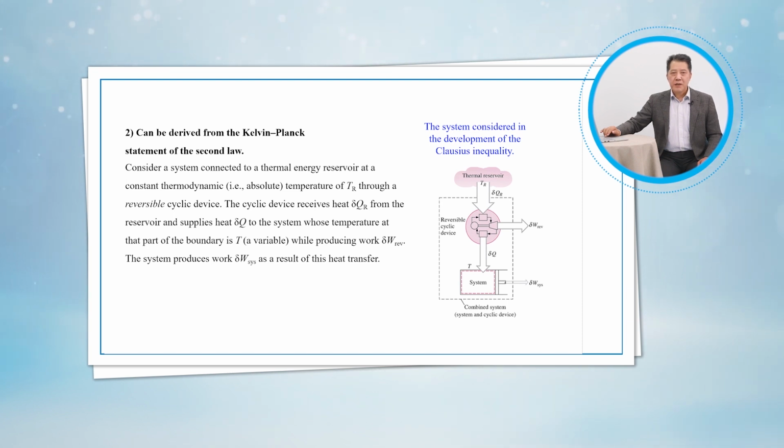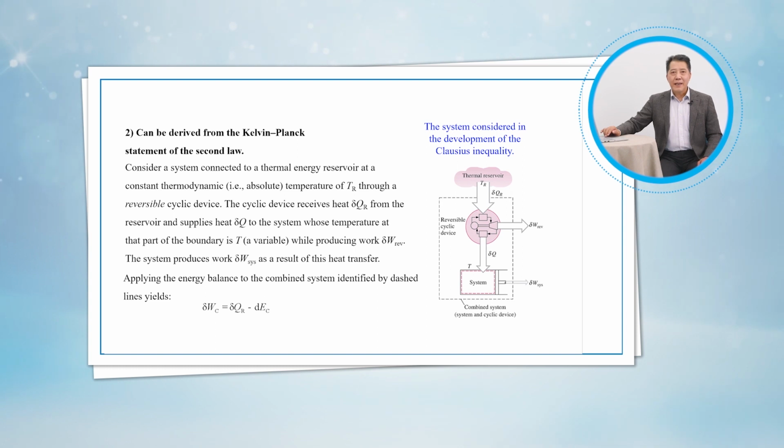The system produces work as the result of this heat transfer. Applying the energy balance to the combined system identified by dashed lines yields the following.